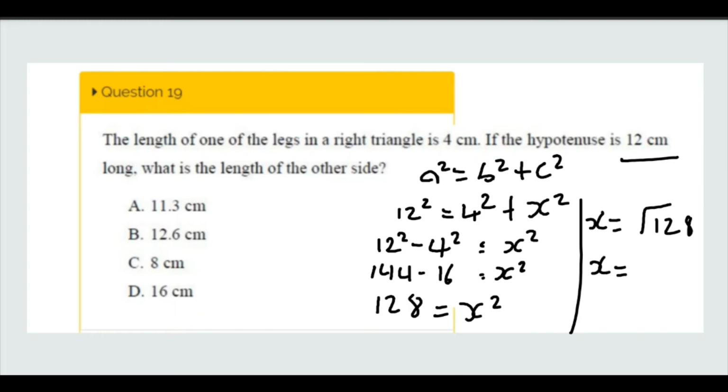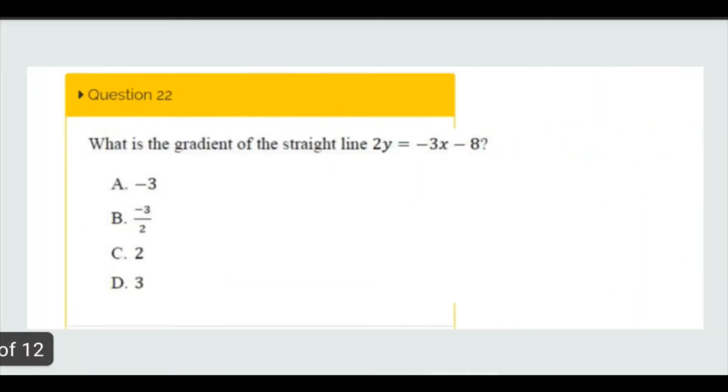And x will be equal to 11.3 cm, right? When you find the square root of 128, and that there is A. CXC wanted us to work here.